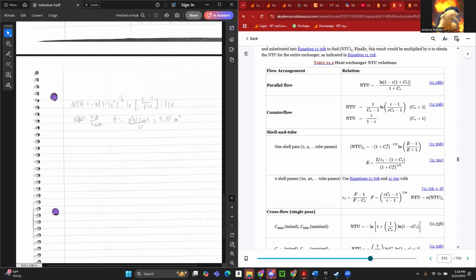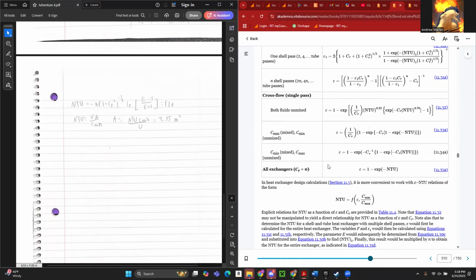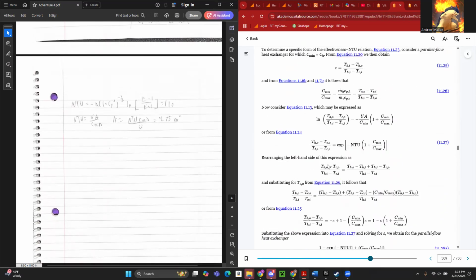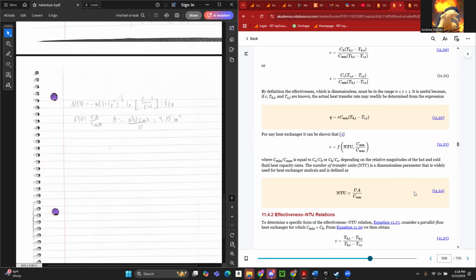From here, we can finally plug NTU into an equation that will give us the surface area, which is that NTU is equal to U times A over C min, which is equation 11.24 in the textbook. Here, it's just solving for A, which will give us a final, more accurate surface area of 4.75 meters squared.